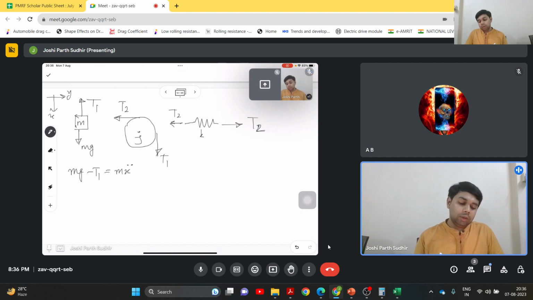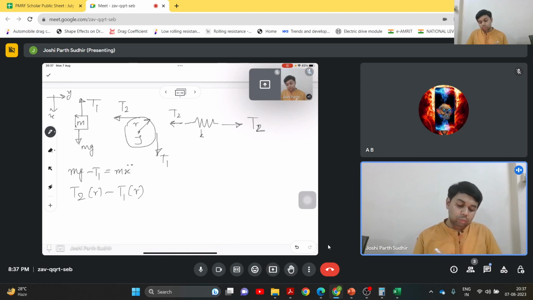And for the disk, we will take the moment about its center. What will be the net moment about the center of the disk? Let us say we assume the anticlockwise direction as positive. Then we can write T2 into the radius, small r, minus T1 into radius.